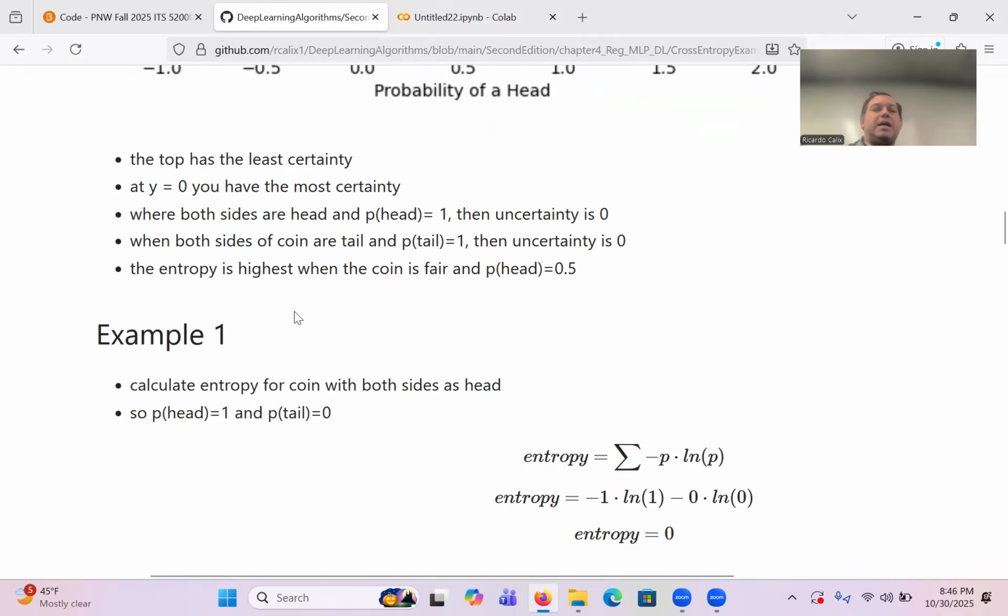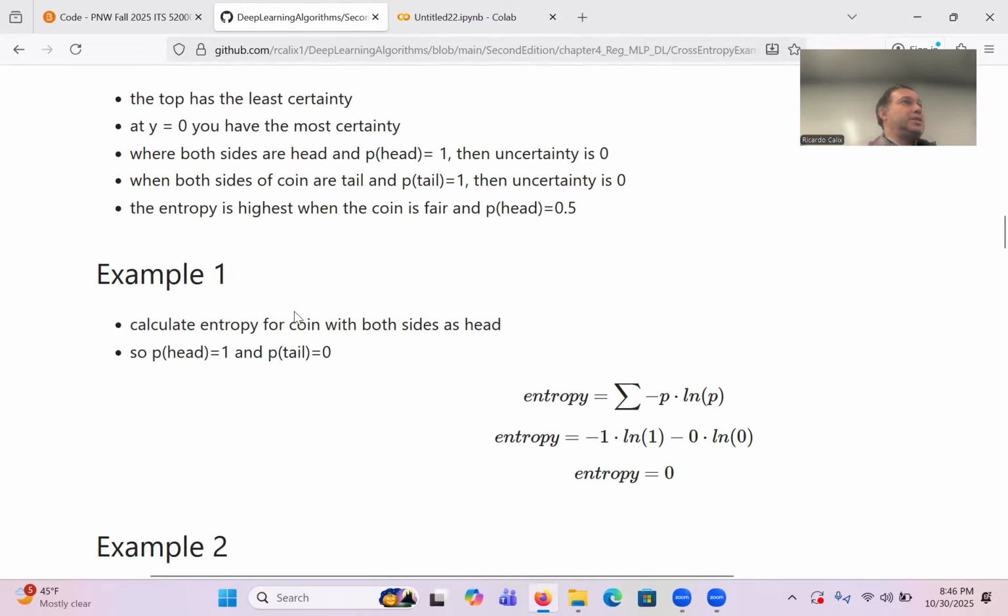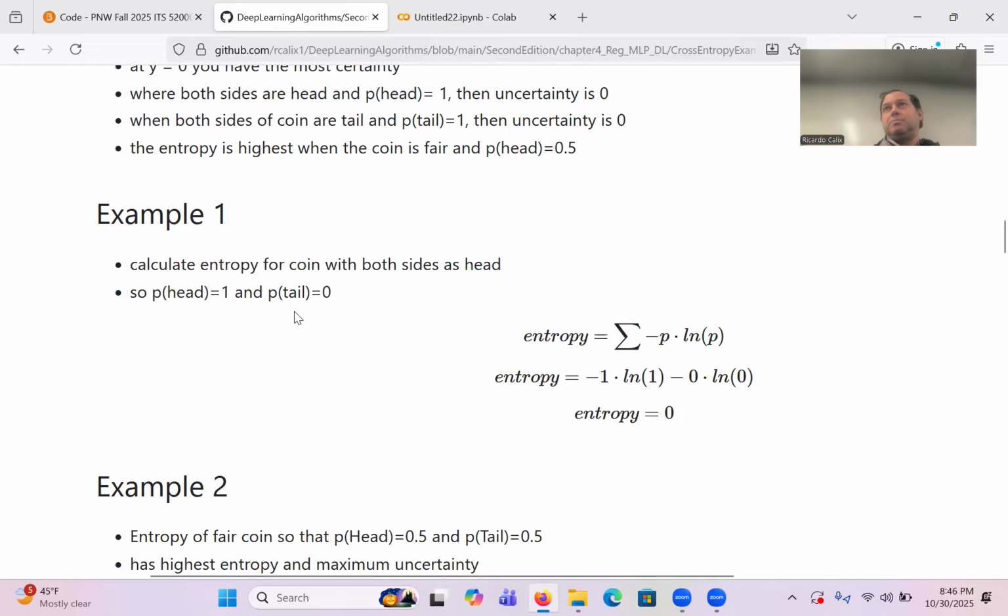The entropy is highest when the coin is fair and p head equals 0.5, as we just demonstrated. Okay, so again, the important thing is that the function does indeed work, right? That's the key thing. And that function is the foundation of so much in machine learning. That is very amazing.